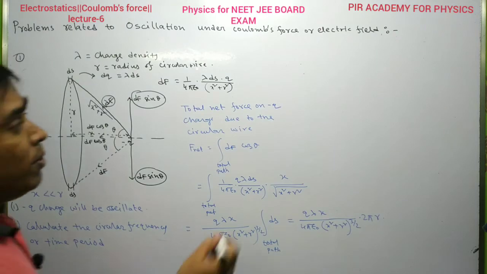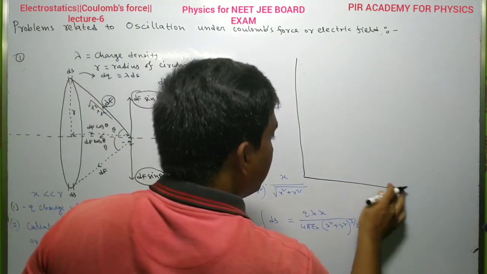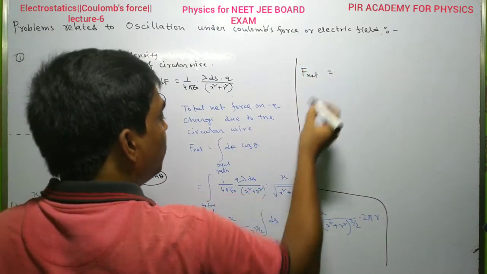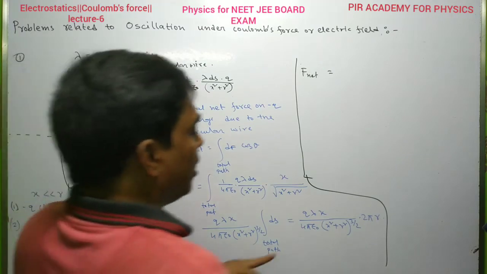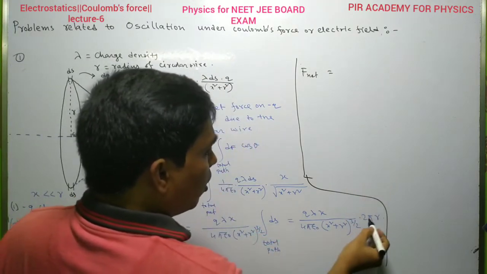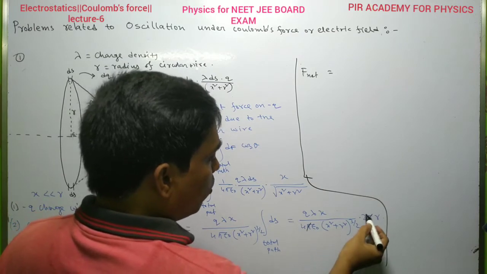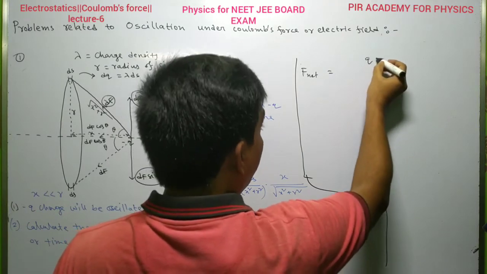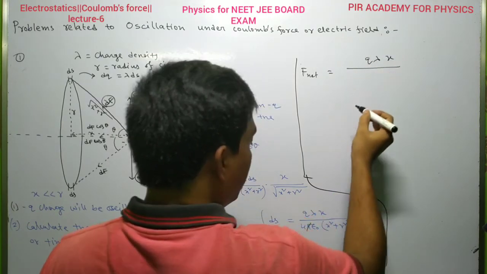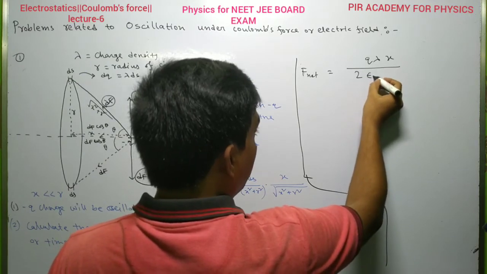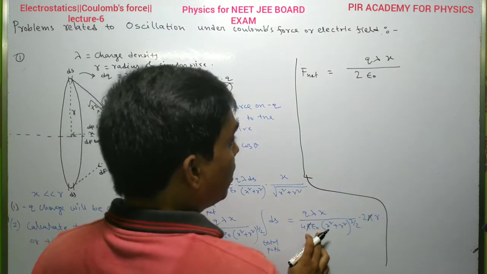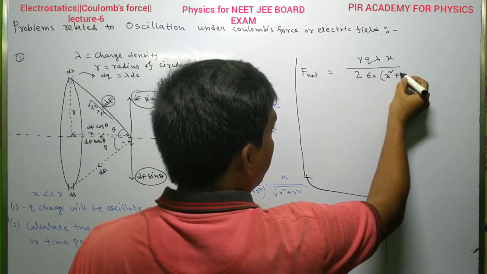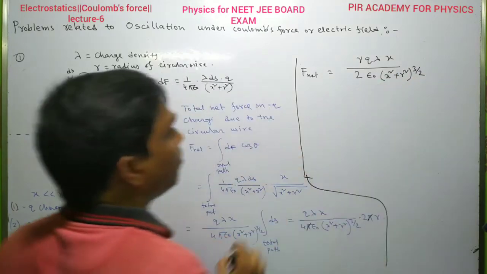So what will be the net force? Here F net will be, the pi cancels out, so this will be q lambda x divided by 2 epsilon naught, and there must be an r, times x square plus r square to the power 3 by 2. This is the force.